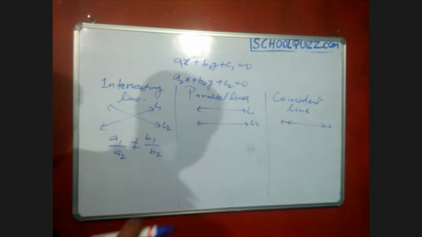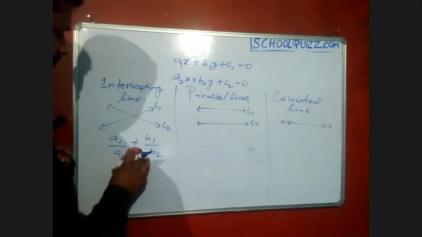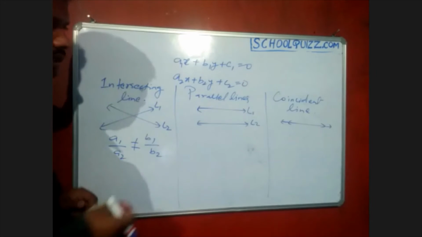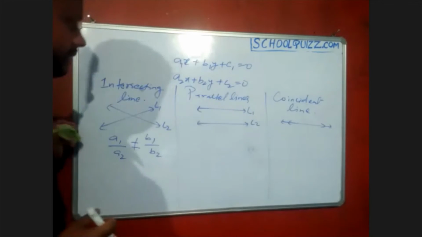If it is not equal, then we can say the lines are intersecting lines.